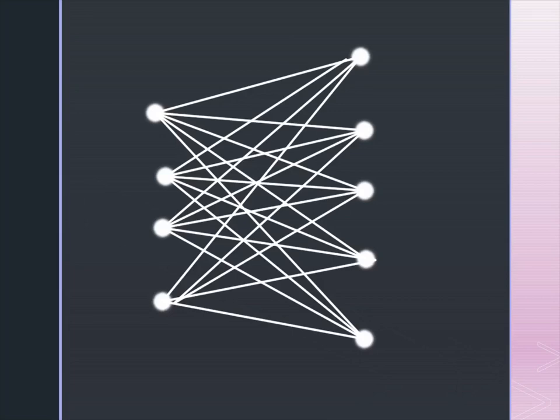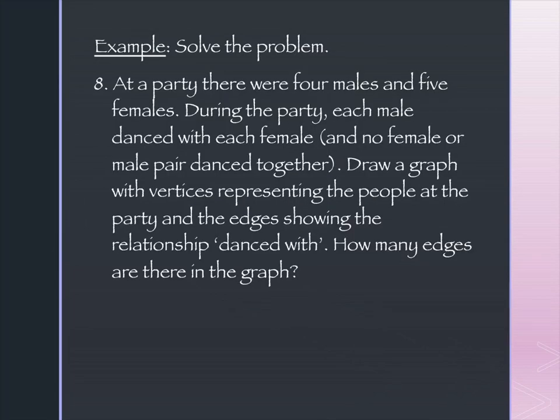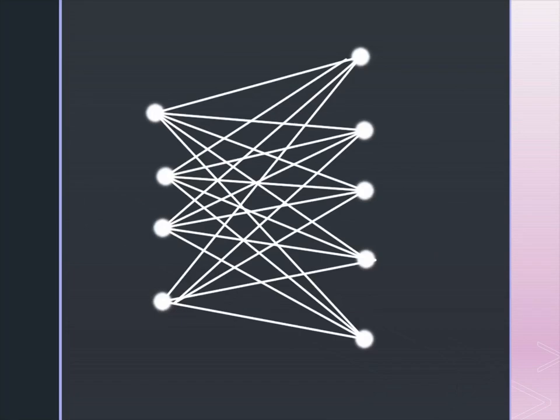The question asked, however, how many edges are there in the graph? In other words, how many dances, individual pairing dances, took place? There's 20. Now, there's more than one way to do this.